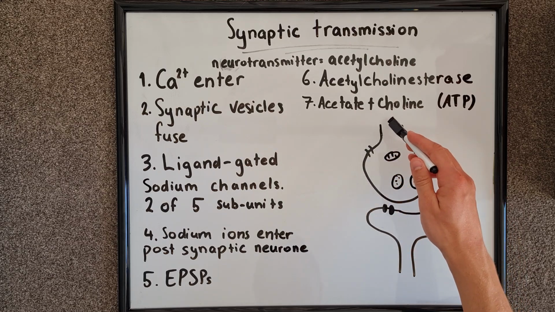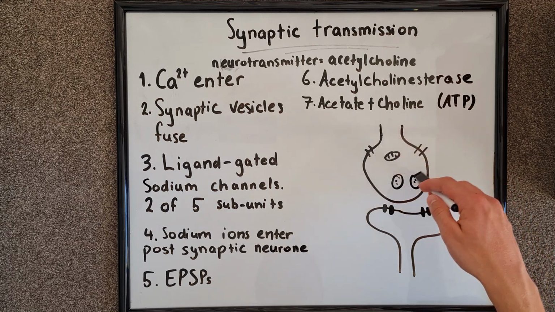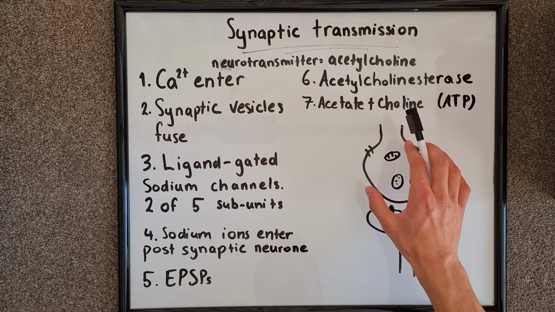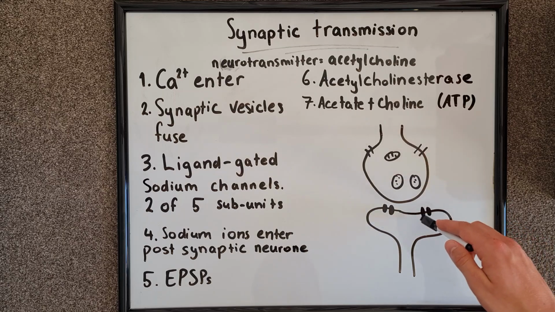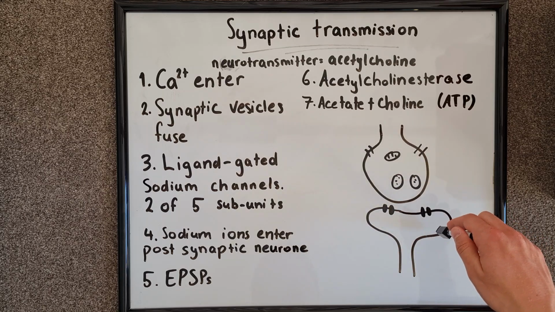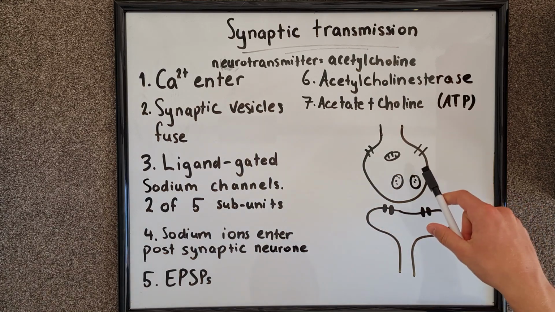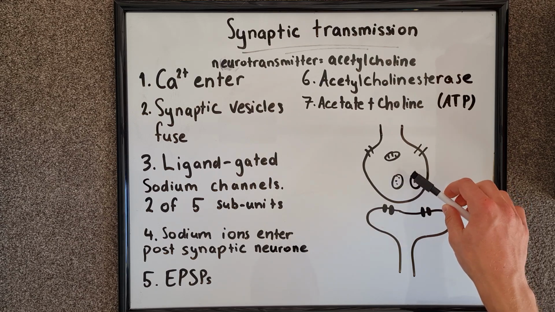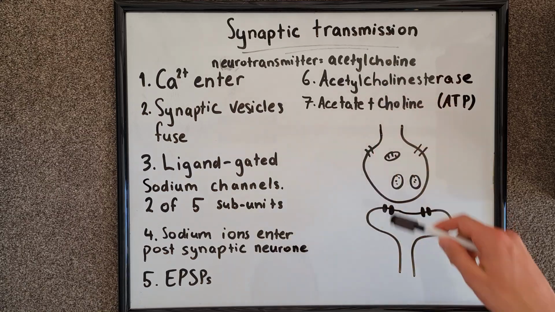We can see that at this axon terminal, we have this knob shape, and this is called the synaptic knob. Then in the postsynaptic neuron, we're going to have the postsynaptic membrane. What we can see here is we have synaptic vesicles, and the synaptic vesicles contain the neurotransmitter acetylcholine in this case.